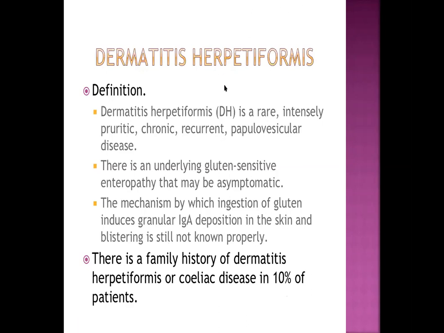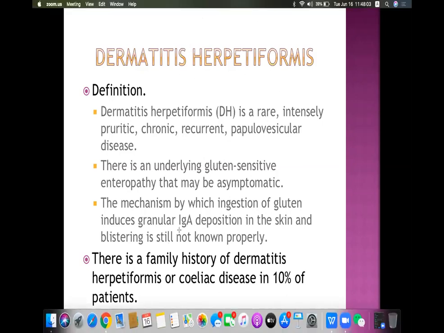On the skin, IgA is the common type of antibody which is causing the problem. See here, granular IgA deposition in the skin, and that will cause blister formation. There is a family history of dermatitis herpetiformis or celiac disease in 10% of the patients, only in 10%, so not a very important point.